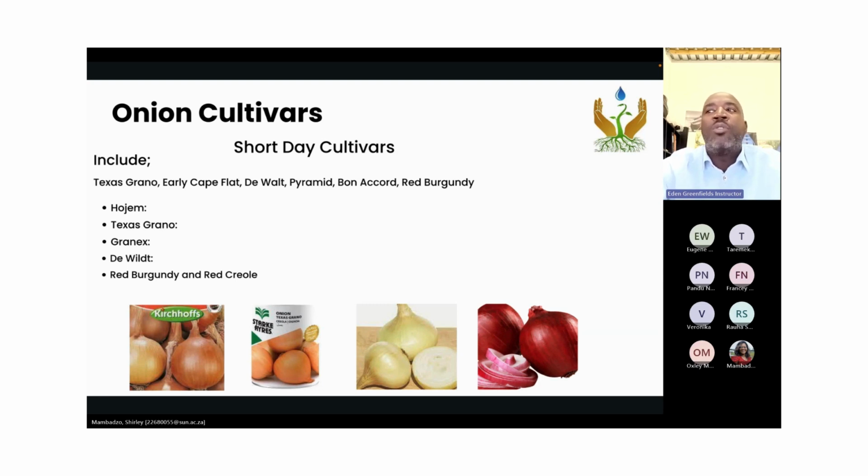And mostly we see these are used in salads, in garnishes, when you do your weddings, when you do your different functions in the restaurants, all that. This is a preferred type of cultivar, and also typically it takes about 90 to 110 days, depending on the growing conditions. Right.